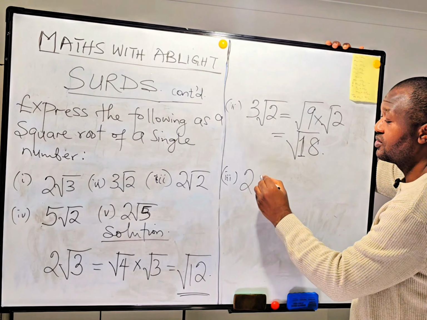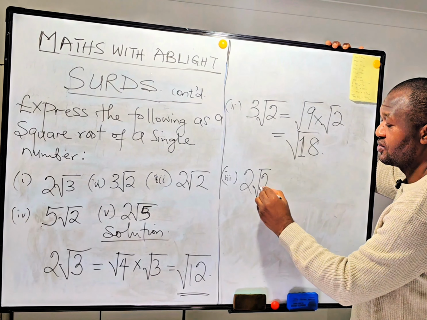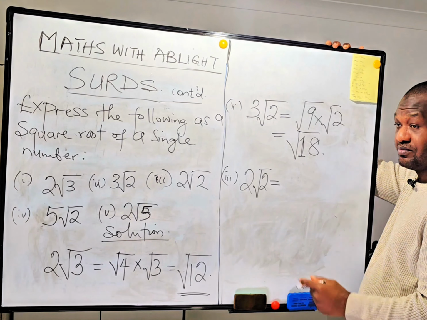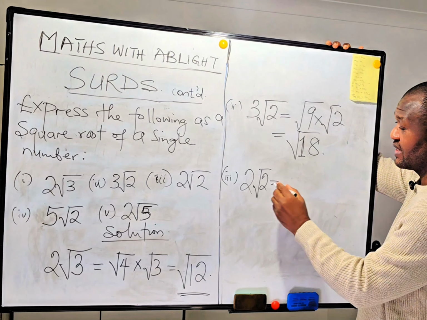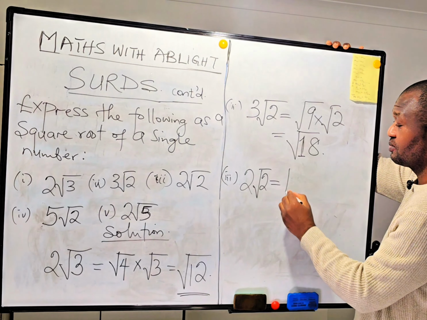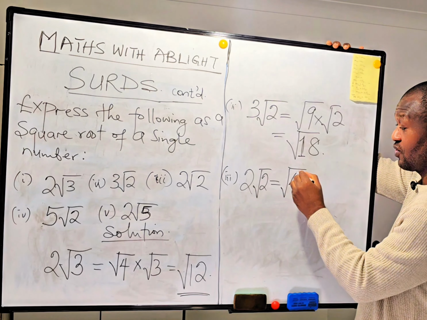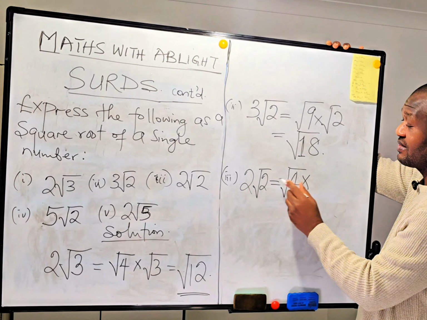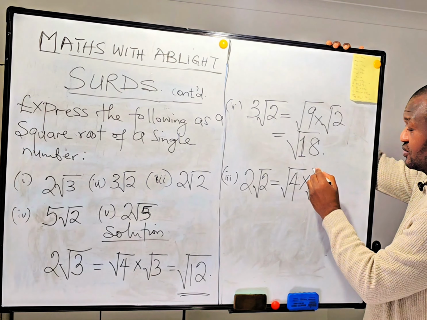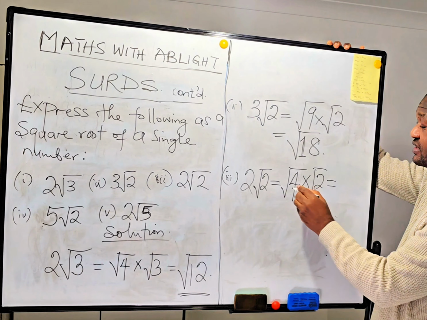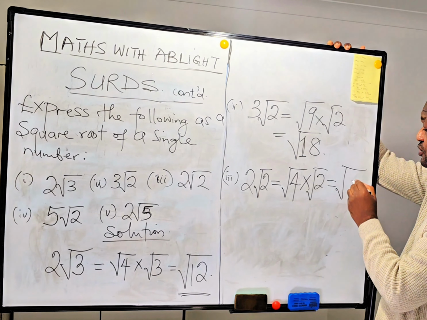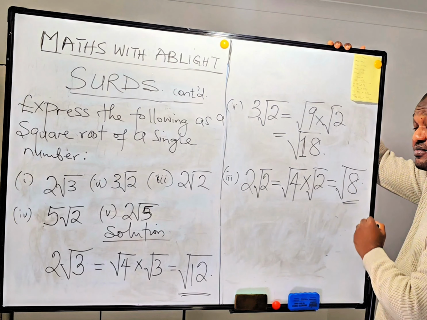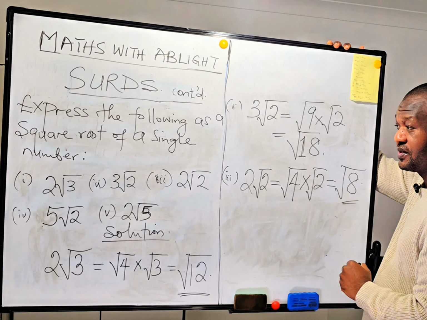The third one is simple. It says 2 root 2. I'm sure by now you know you've already calculated the answer. You take the square of 2, put it in square root, and that is 4. Multiply that by this one, square root of 2. Everything together gives you root 8. Simple enough.